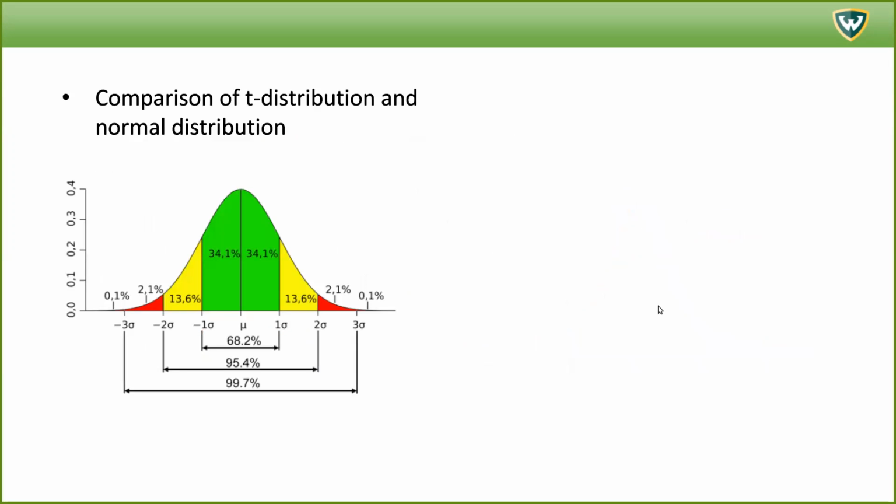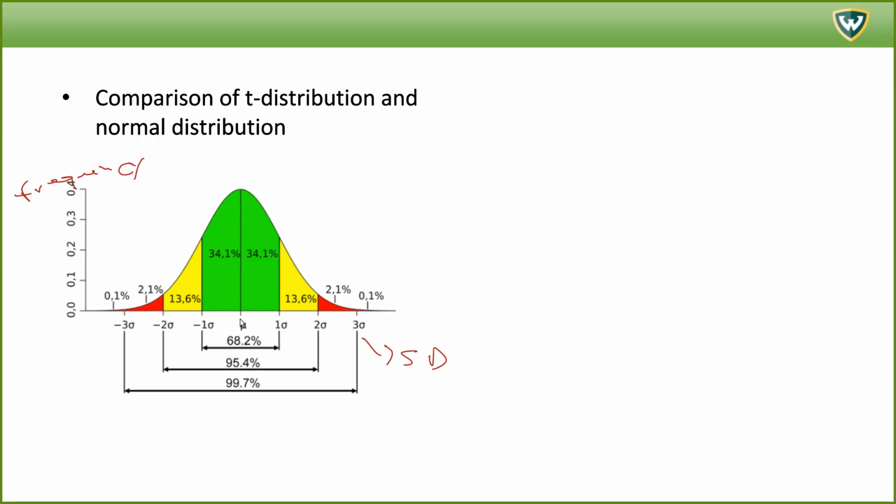So let's compare a little bit to really get this idea of the difference between the t-distribution and a normal distribution. In the normal distribution, let's remember, these are standard deviations. This is the mean, and then standard deviations from the mean. And this here is the frequency of the occurrences.